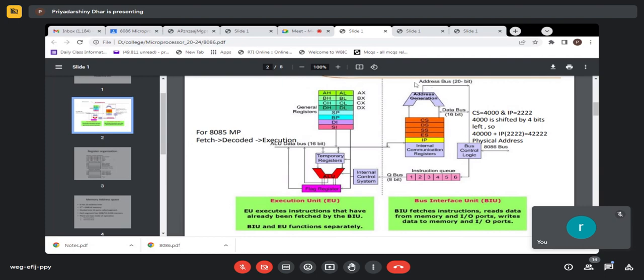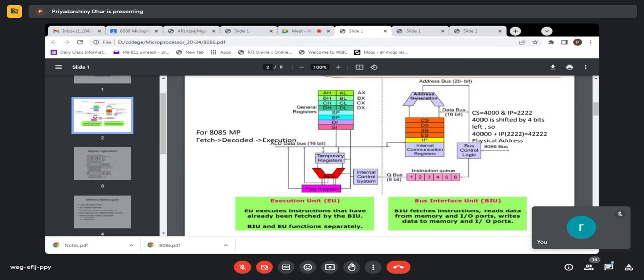Can you see this cursor? Yes, ma'am. This is the 20-bit address bus. A 20-bit address bus means A0 to A19. Clear? And the 16-bit data bus means D0 to D15.